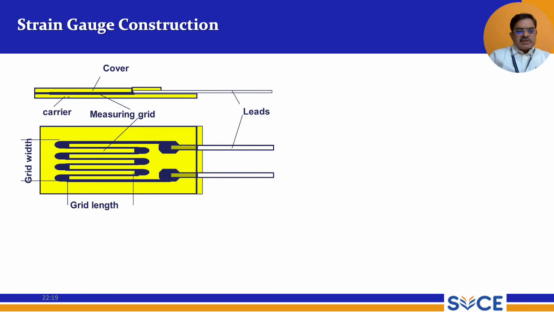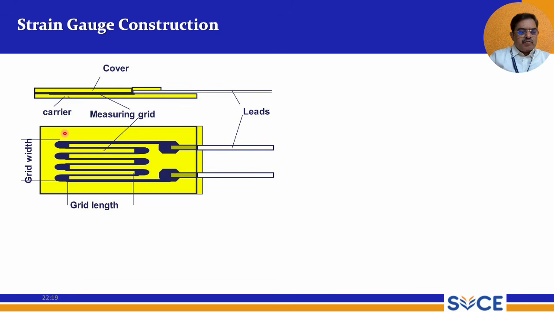And this is the construction, and here you can see the leads, two leads. These two leads are connected to the foil, and this is the foil material, and this is the carrier and grid.